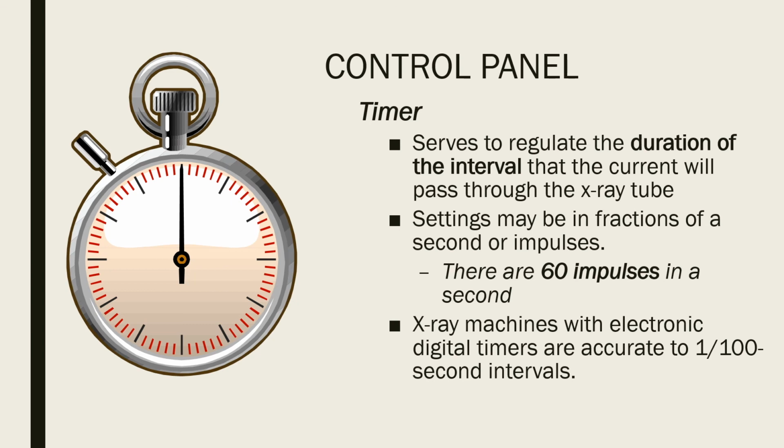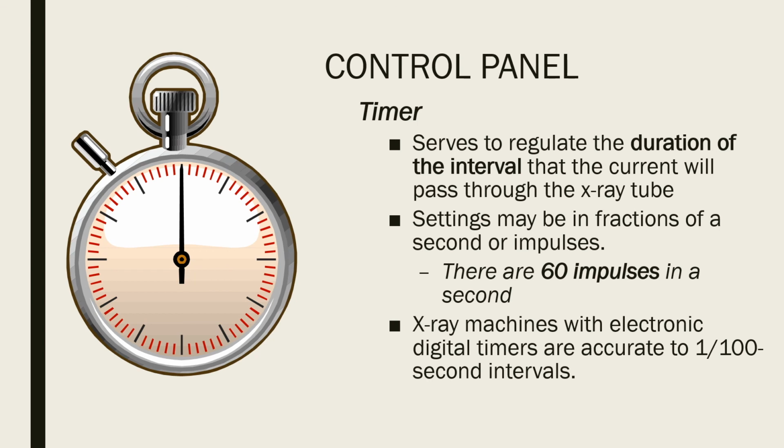So, what would happen if you set the timer too long on a small patient? The image that will be produced will be too dark because there's too much radiation getting on the film. So remember, when we've talked about kVp, when the size of the patient is changed, the X-ray unit itself adjusts the milliamperage to maintain the film density.